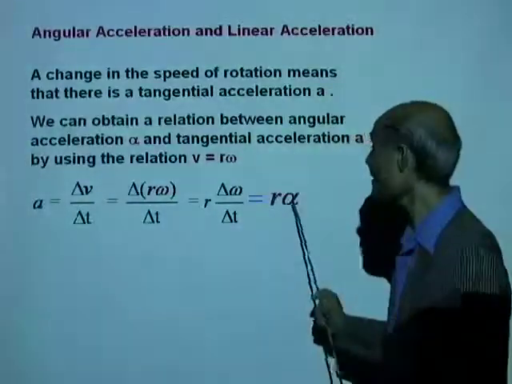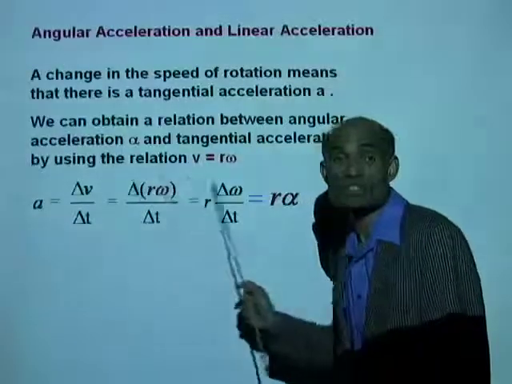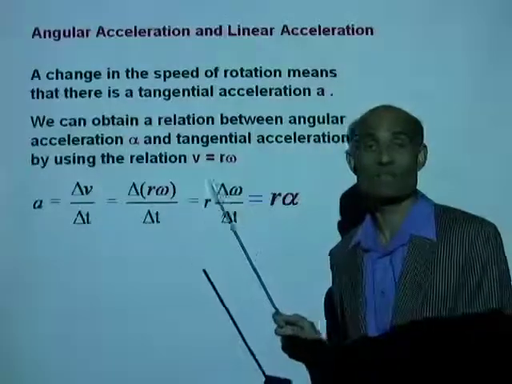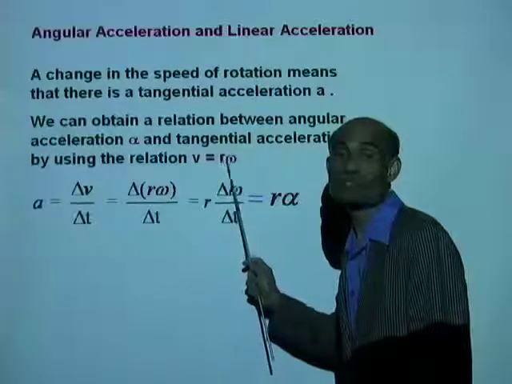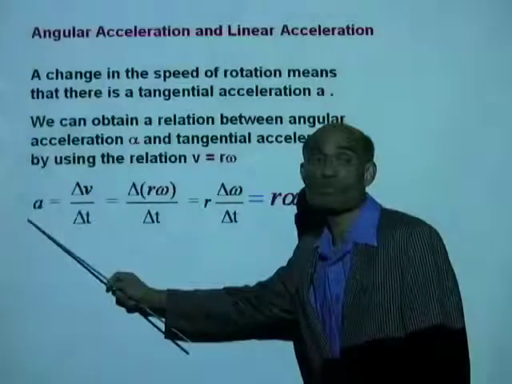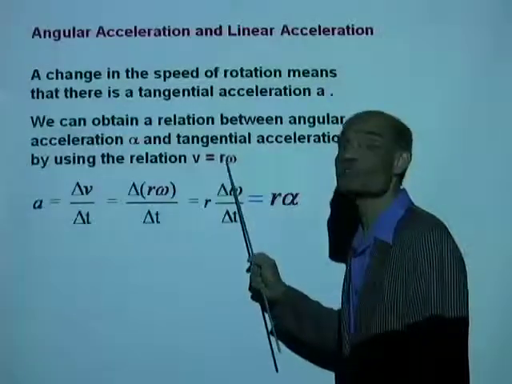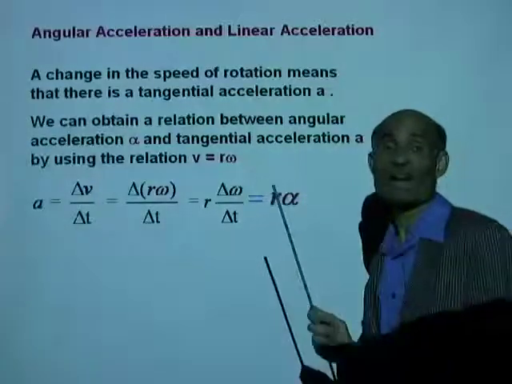So that will be r alpha. So linear acceleration equal to r times the angular acceleration, in the same way as linear velocity equal to r times angular velocity. So these relations are important. We will be using them as we go on. v equal to r omega, a equal to r alpha.